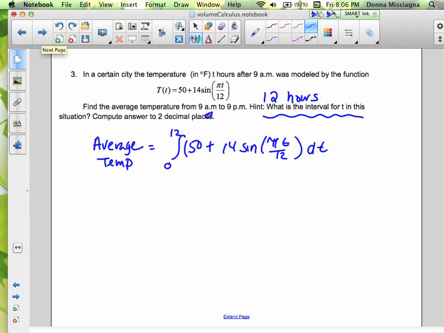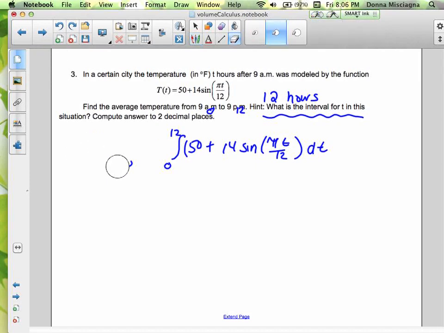If this is 0 hours, this is 12 hours later. That just makes a lot more sense, because otherwise 9 minus 9 is going to be 0, and that won't work out very nicely at all.